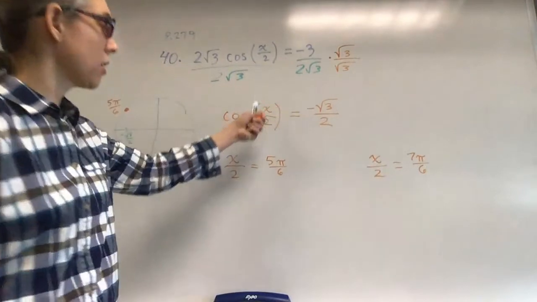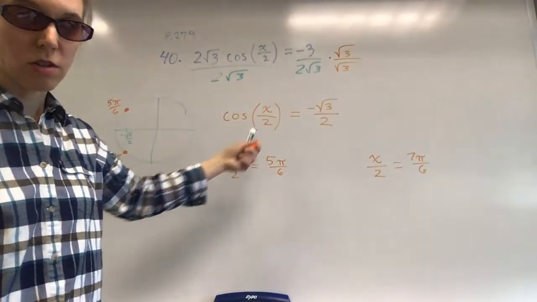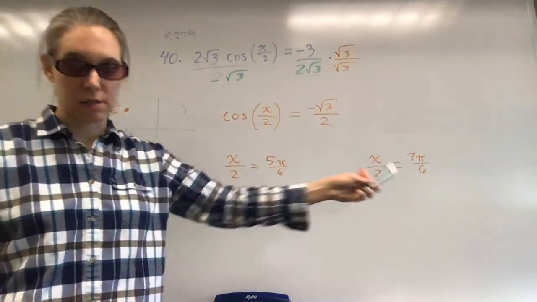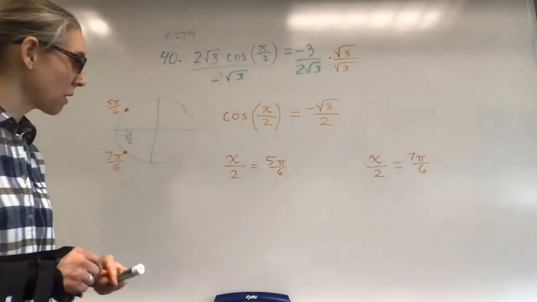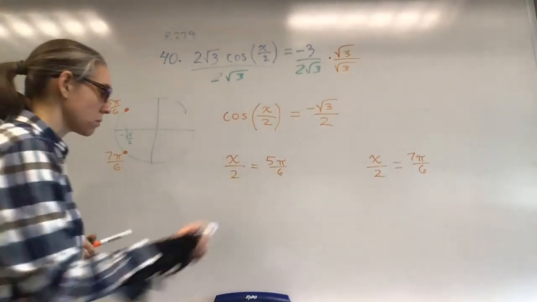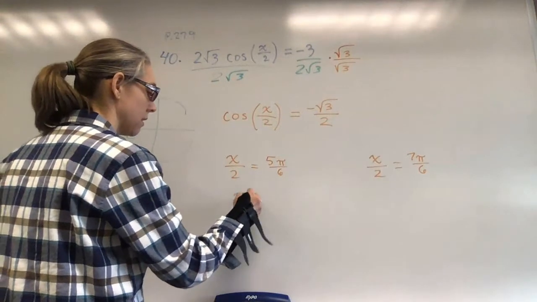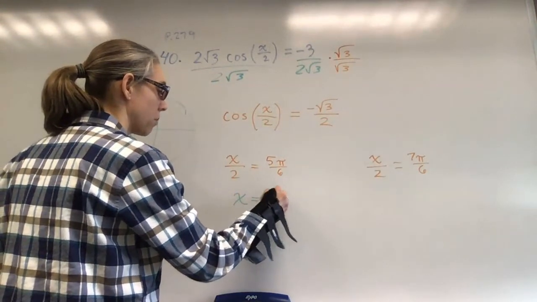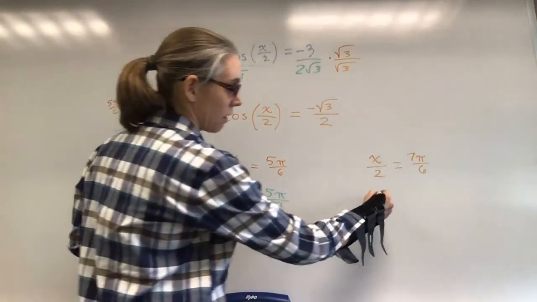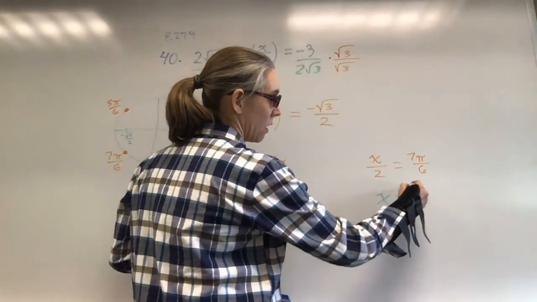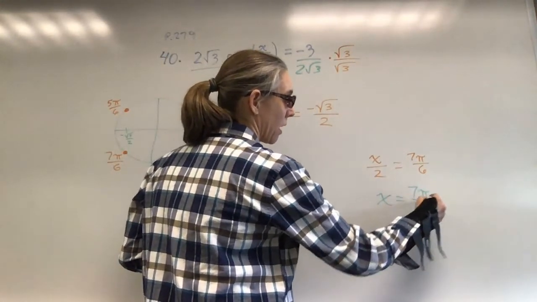So the value inside of the trig function would need to equal 5 pi sixths or 7 pi sixths. And now we multiply by 2. So x is equal to 5 pi thirds. X is equal to 7 pi thirds.